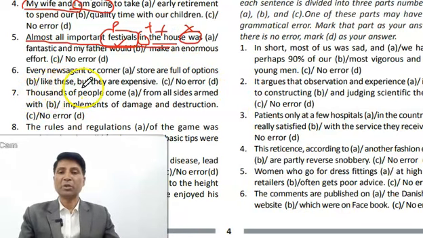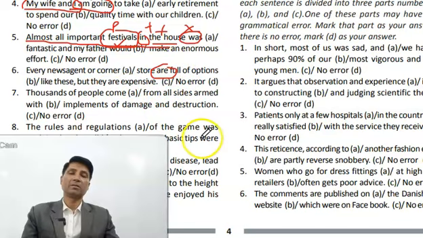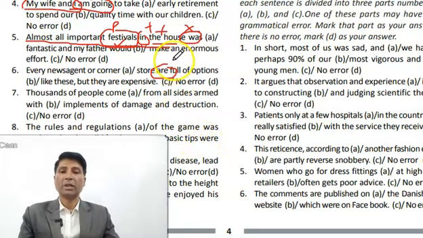Every news agent or corner store are full of options like these, but they are expensive. Now let us apply. So here the verb is are. It's plural. Let us find out the subject. There is no preposition over here. So every news agent or corner store.